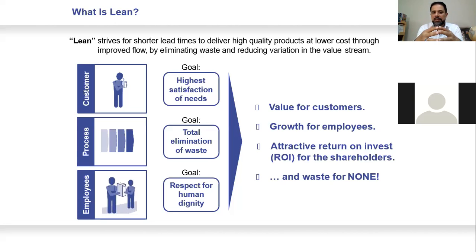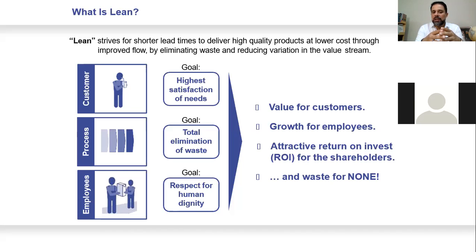The main stakeholders in any business are the customer, the process, and the employees. And each of these three stakeholders has a goal. The customer has the highest satisfaction of his needs. The goal of the process is to totally eliminate the waste.